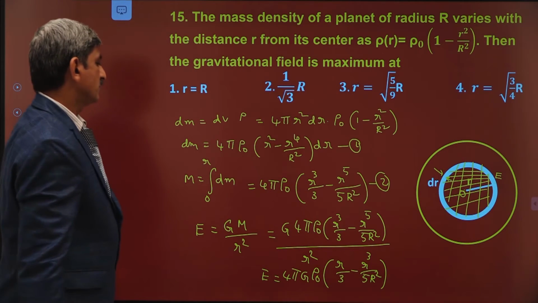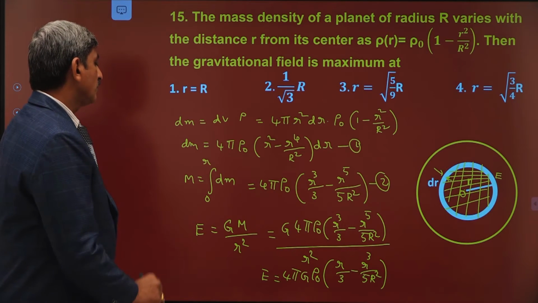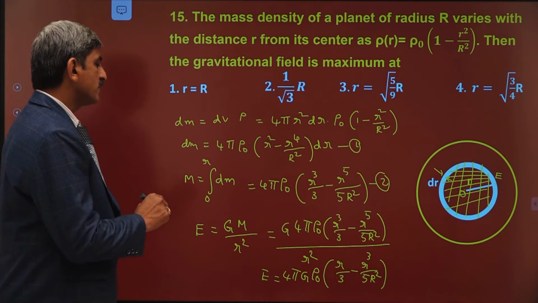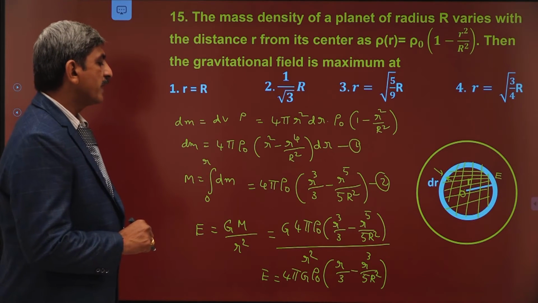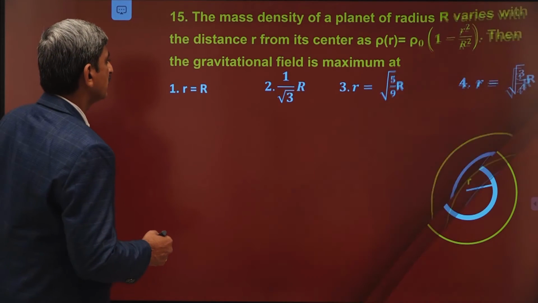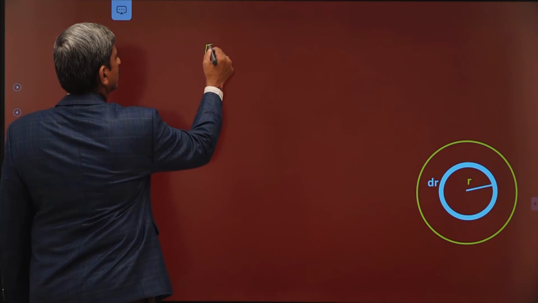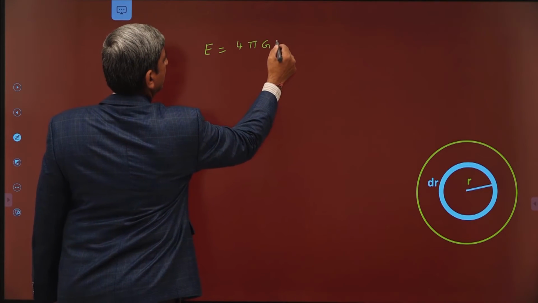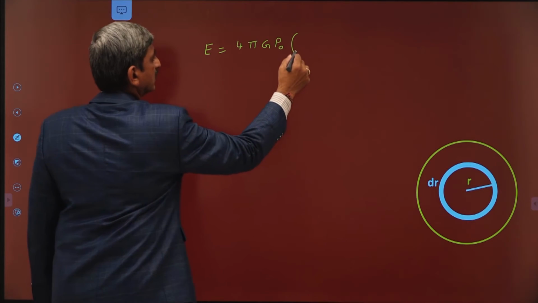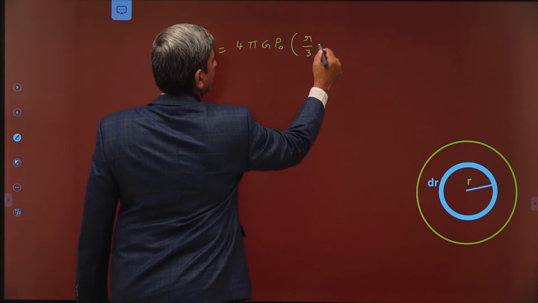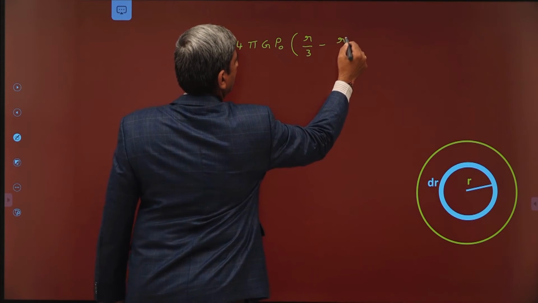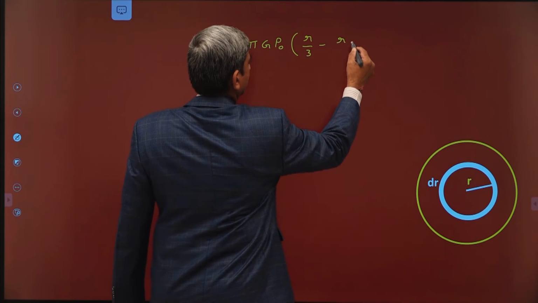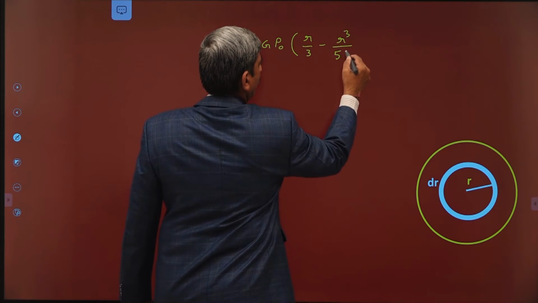This is the intensity value. So the intensity E is equal to 4 pi G rho naught times r by 3 minus r cube divided by 5R square.